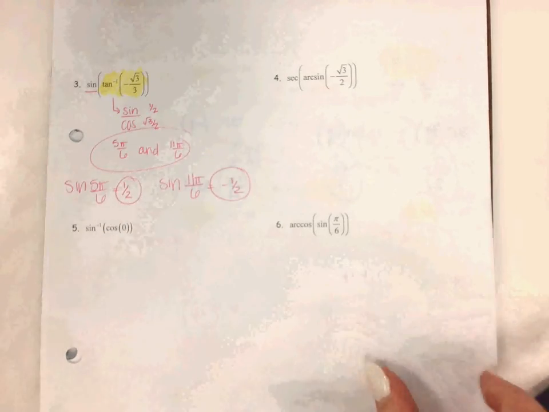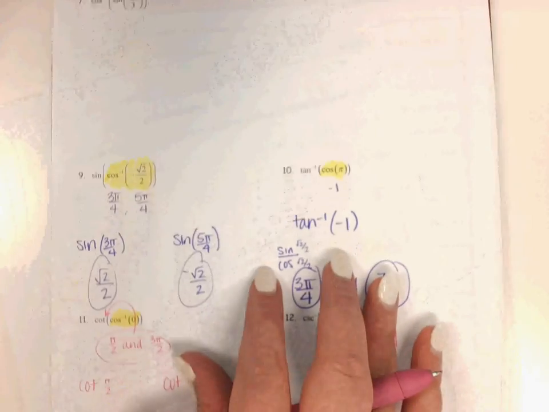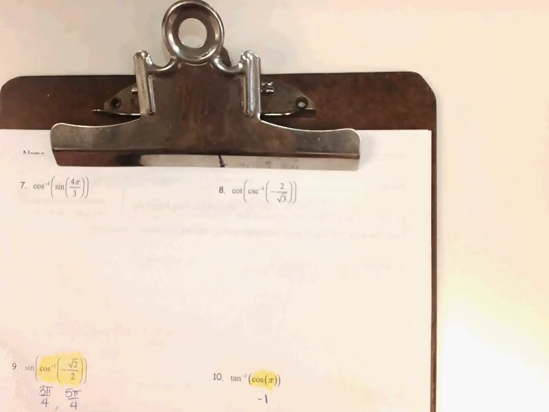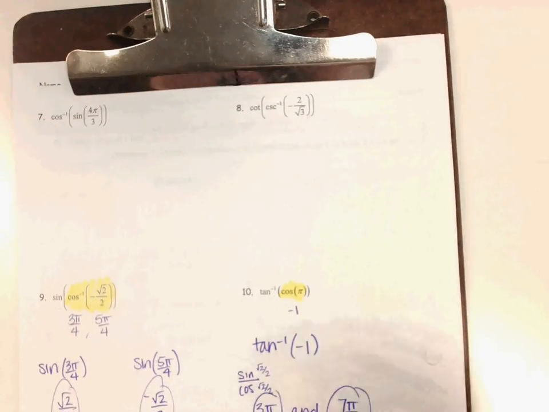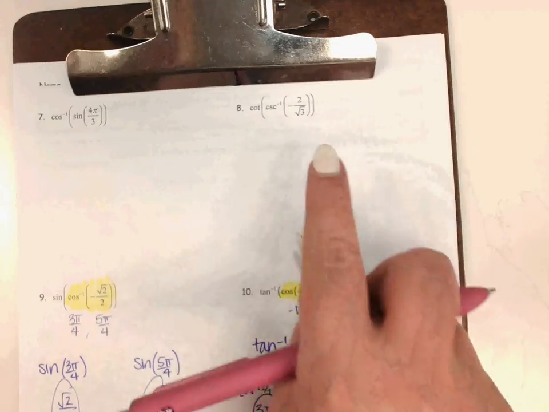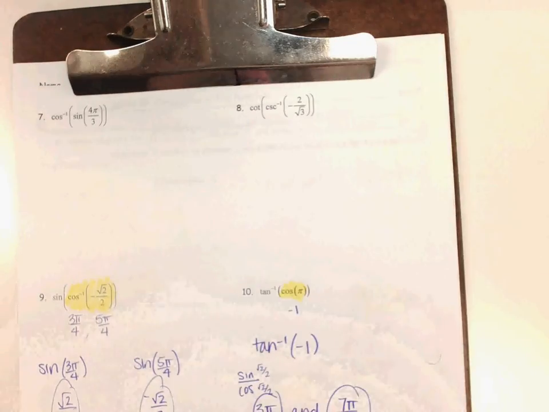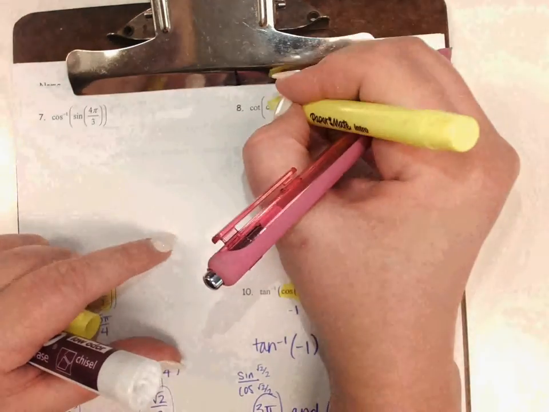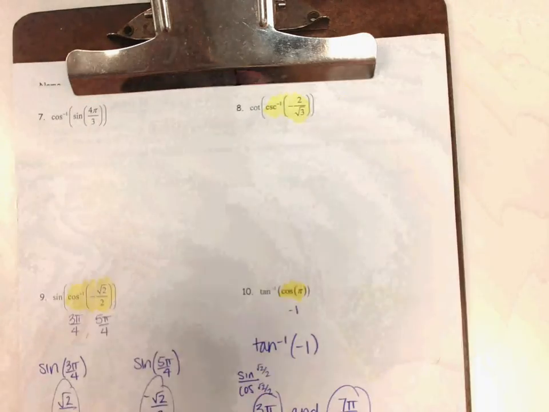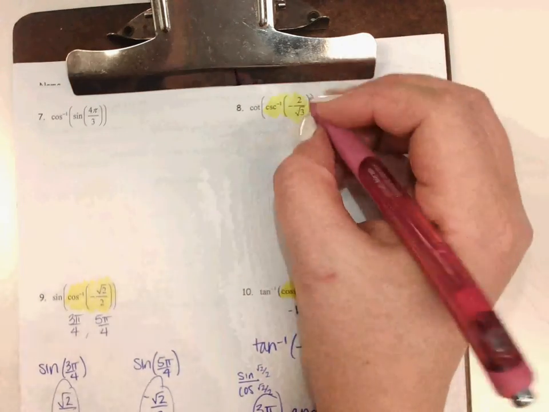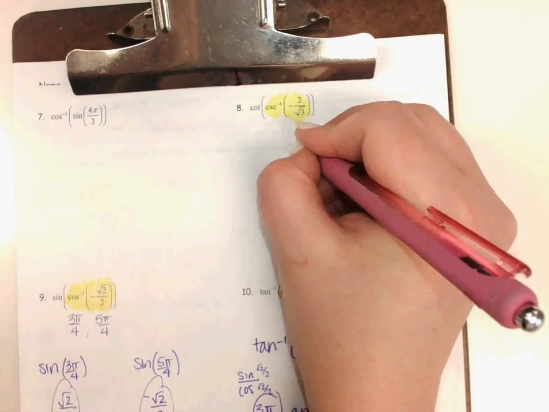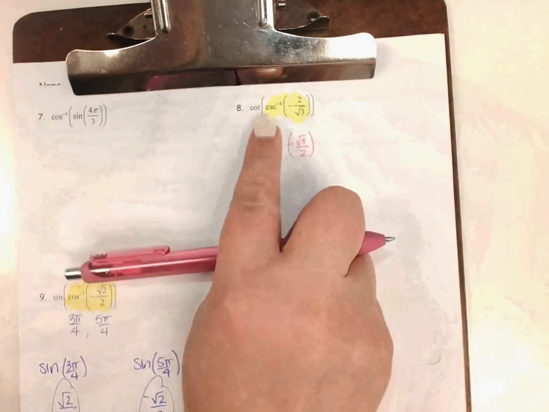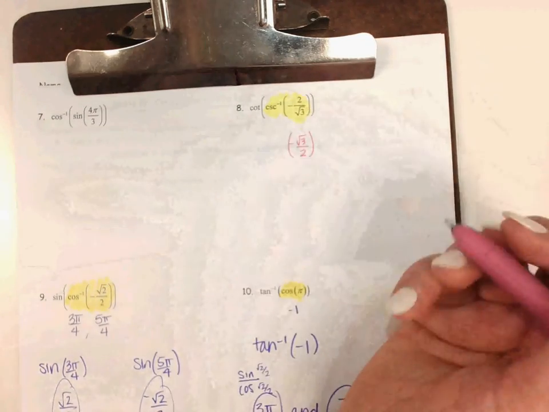Sure. 8. Okay, inverse cosecant, I gotta flip the number and find which function for cosecant. Because remember, I'm just looking at the middle first. Okay, root 3 over 2, I have to flip it, but then who's cosecant's buddy if I flip the number?